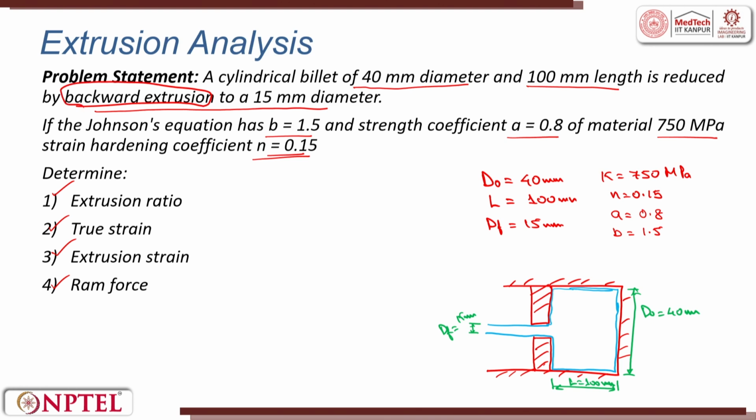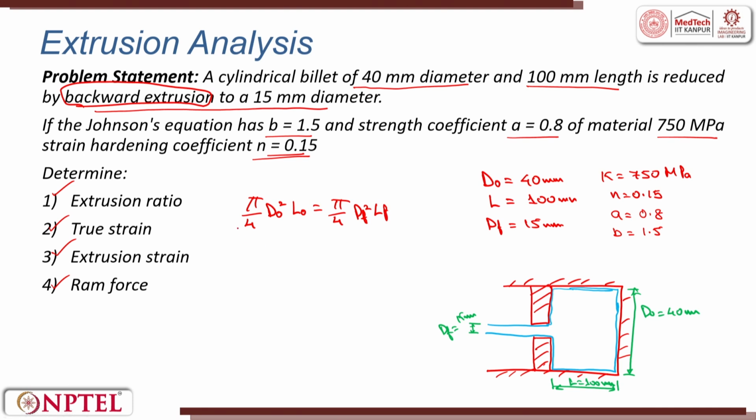To calculate the final length, because we have been given the final diameter and the initial diameter, we can just compare the overall volume. Using the volume equation or the continuity equation, we equate that the volume on both sides is the same, which means pi by 4 the initial diameter squared into the initial length is equal to pi by 4 the final diameter squared into the final length.